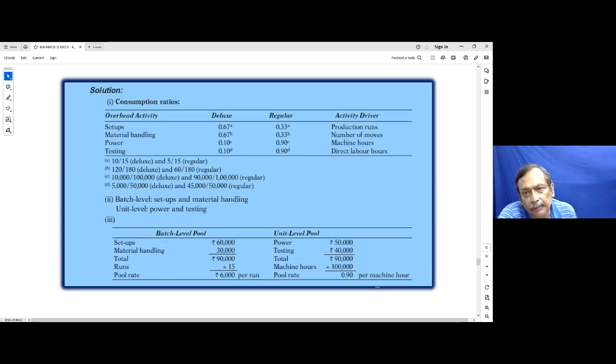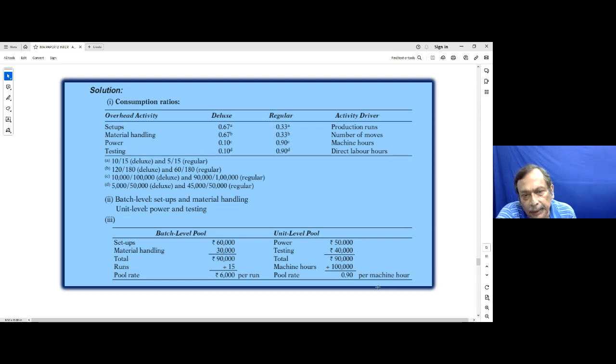So what we are doing, we are calculating consumption ratios grouped under, and there will be four columns for the same. First one is overhead activity, then your products, deluxe and regular, and last but not the least, activity driver.